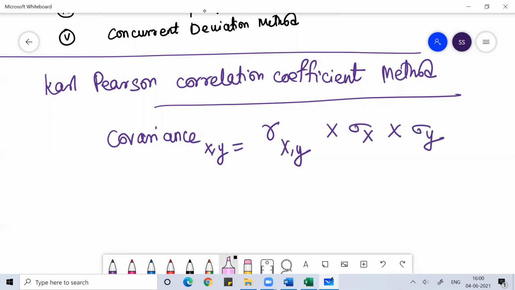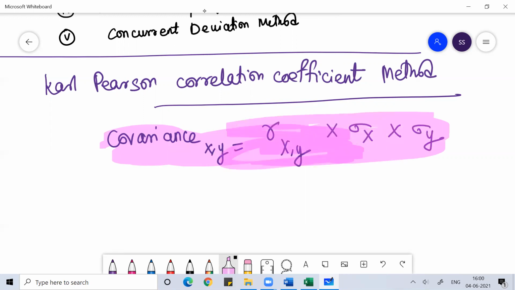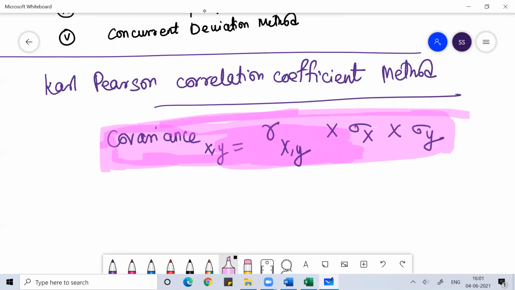This is a very important formula which you need to remember. What is R? R basically means the coefficient of correlation between x and y. R is the correlation coefficient between the two variables. This sigma x is the standard deviation of x. This is the standard deviation of y.